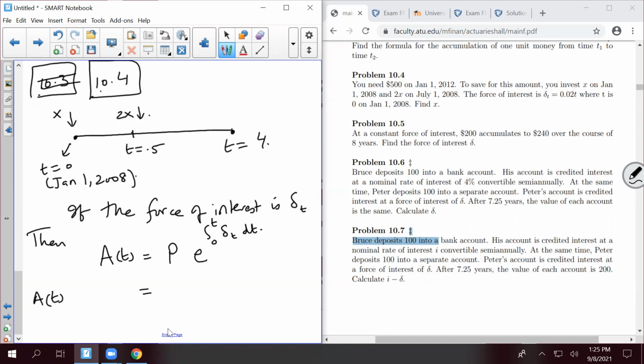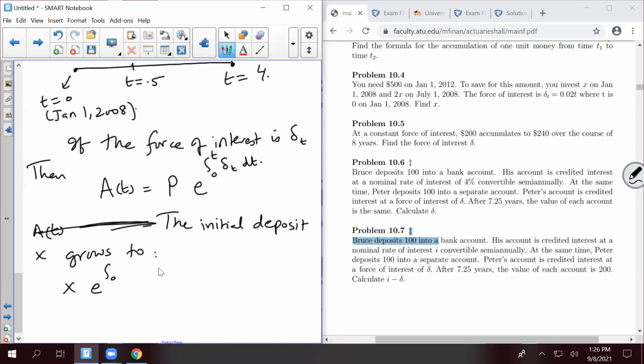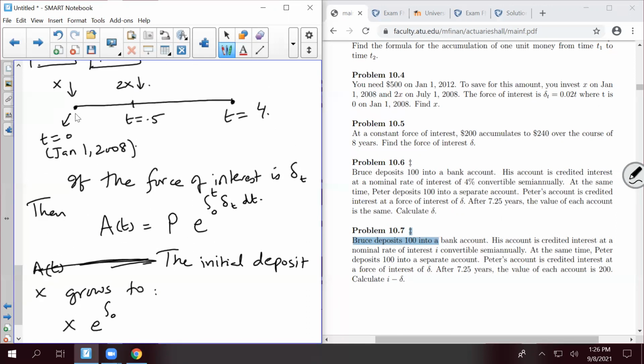Or let's even separate it out. The initial deposit X grows to, X is the principal, so it'd be principal times e power 0 to, how many years does it sit? Doesn't it sit the entire 4 years?